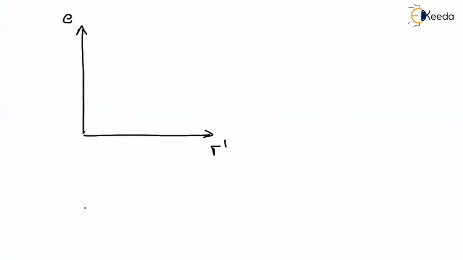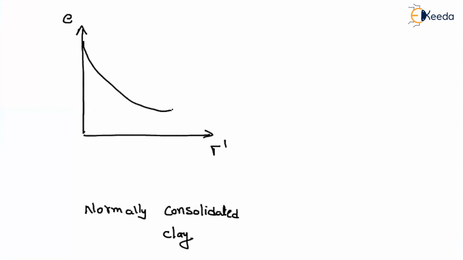Now if I am taking normally consolidated soils, as this phenomenon applies to clays, I'll say normally consolidated clays, then the graph will look like this. That means as you are increasing the effective stress, your void ratio decreases. Understand? Now this is in terms of the arithmetic scale.